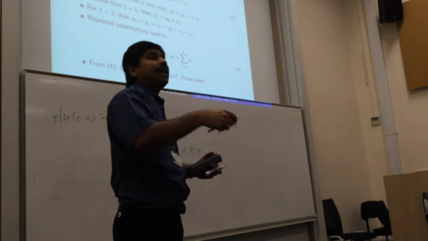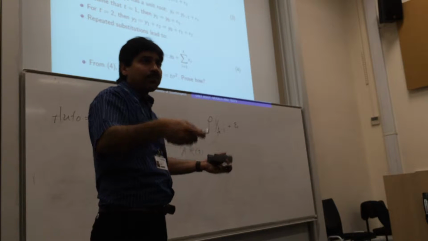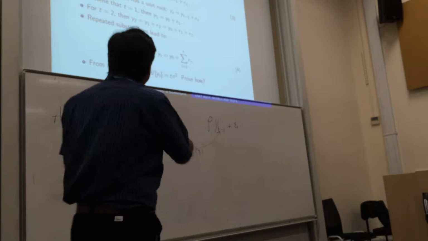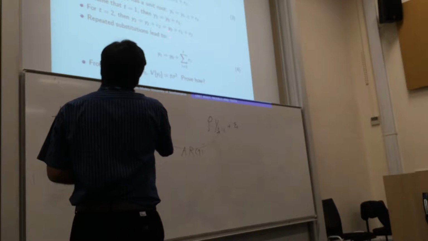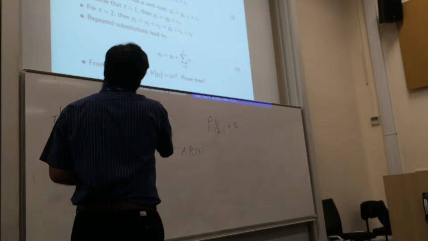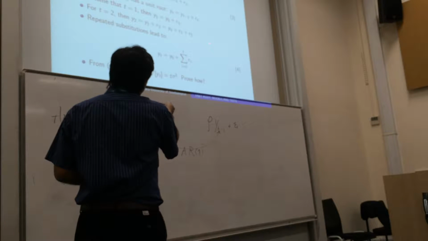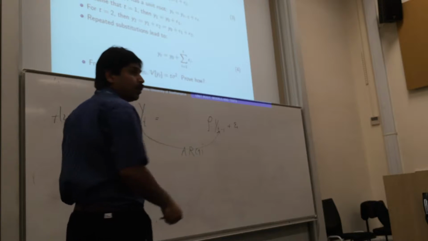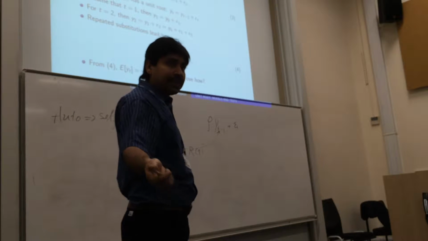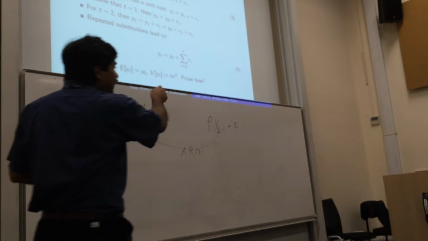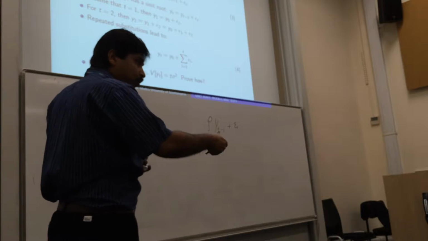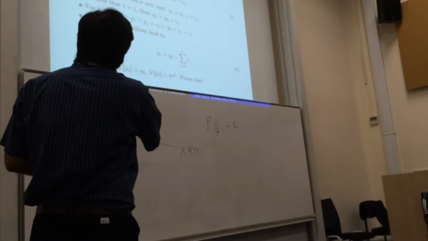Likewise, if you have t equal to 3, 4, 5, 6, 7, 8, you can just write y0 plus epsilon 1 plus epsilon 2, 3, 4, 5, 6 until t, which can be large. Is it clear now? So this is repeated substitution of the values of yt in a unit root case.